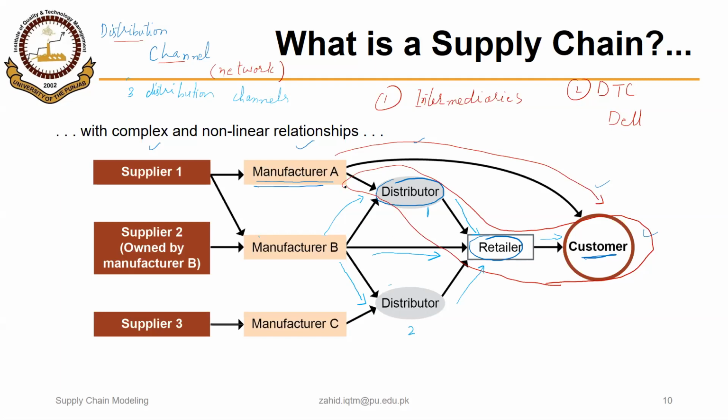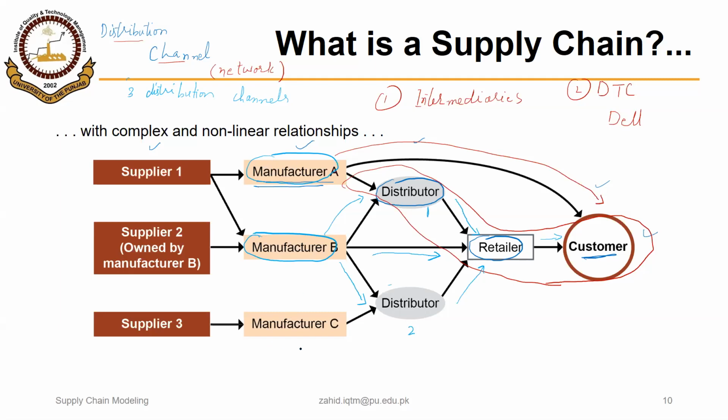And this distributor 1 is common to manufacturer A and manufacturer B. So distributor 1 is taking product from both manufacturer A and B and then delivering to the retailer and finally the customer. And that is also practically a very common thing that is done.